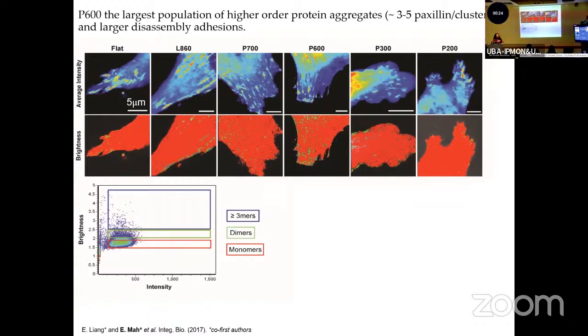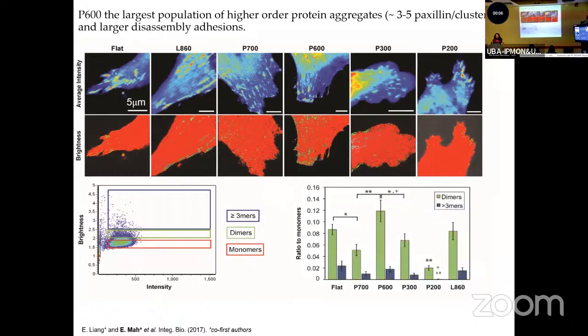And I think you heard the lecture on number and brightness already. So the theory was that if the cells can sense the patterned surface, perhaps the organization of the focal contacts changes their distribution. And in fact, we did see that on flat surfaces, the ratio to monomers, so we see high order dimers, but on these posts, it goes down.